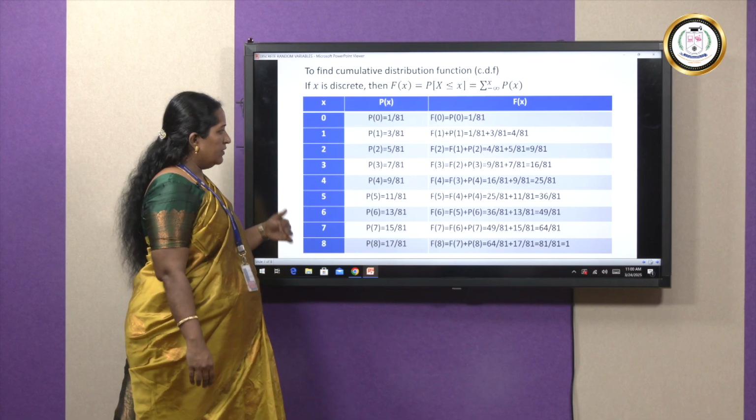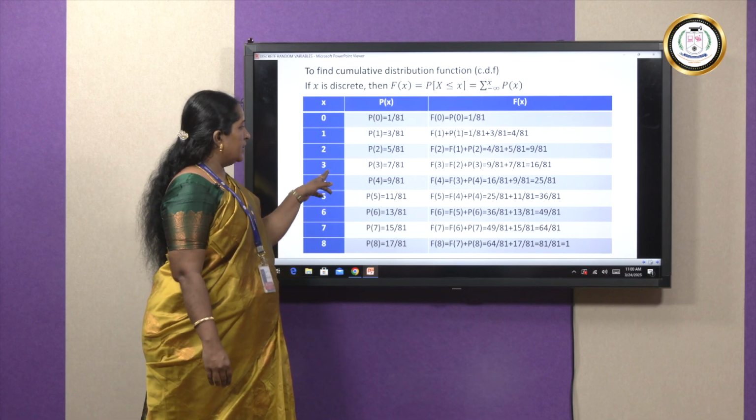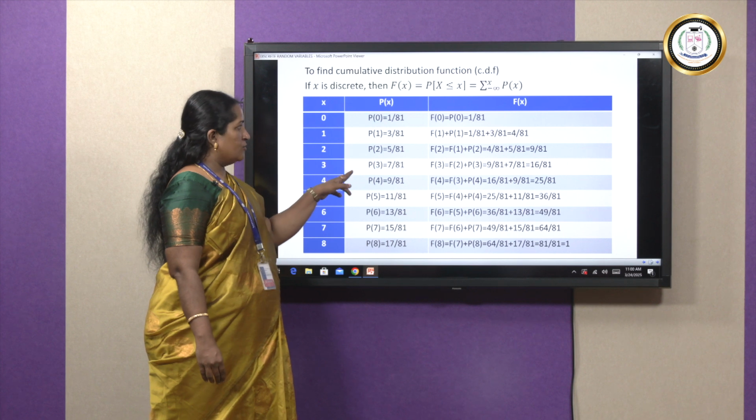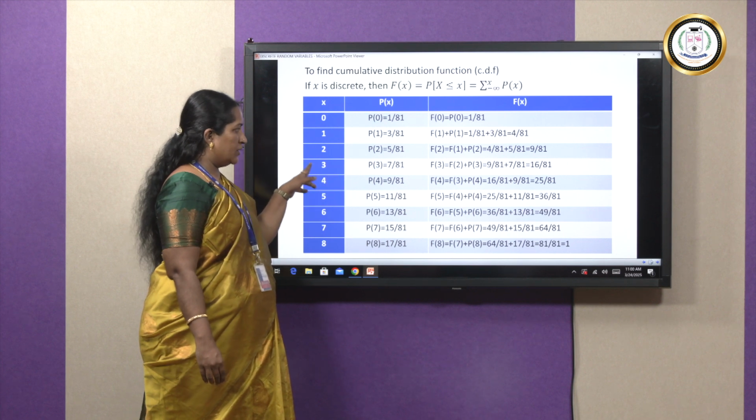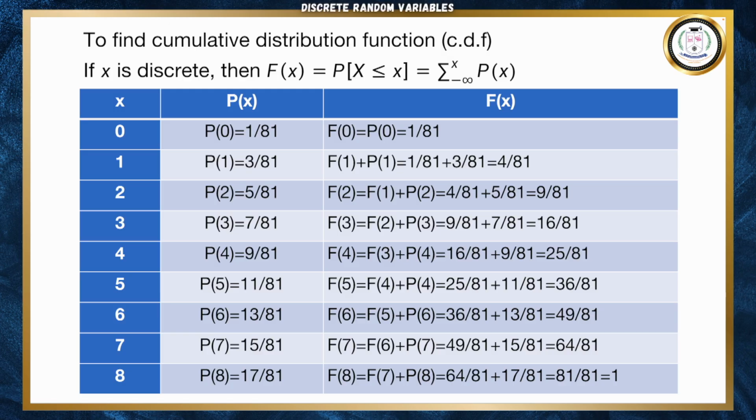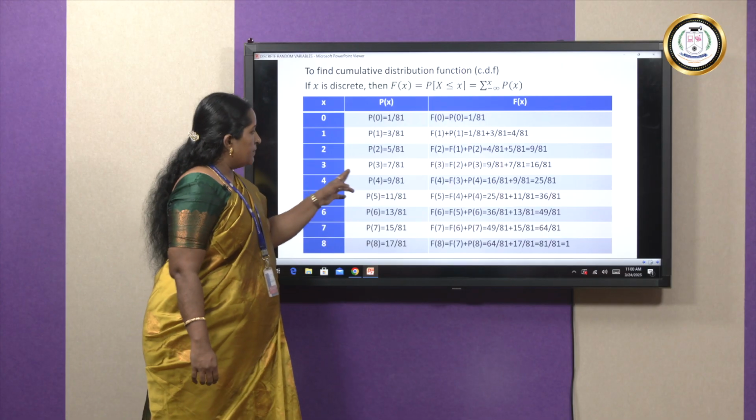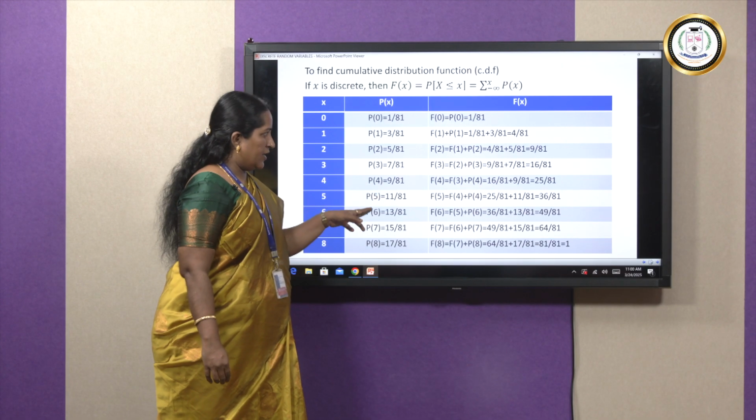Next is to find the cumulative distribution function at x is equal to 3, where p of 3 is equal to 7 by 81. When we add these two, we will be getting 9 by 81 plus 7 by 81, which gives you 16 by 81. Next is probability of 4, which is equal to 9 by 81.